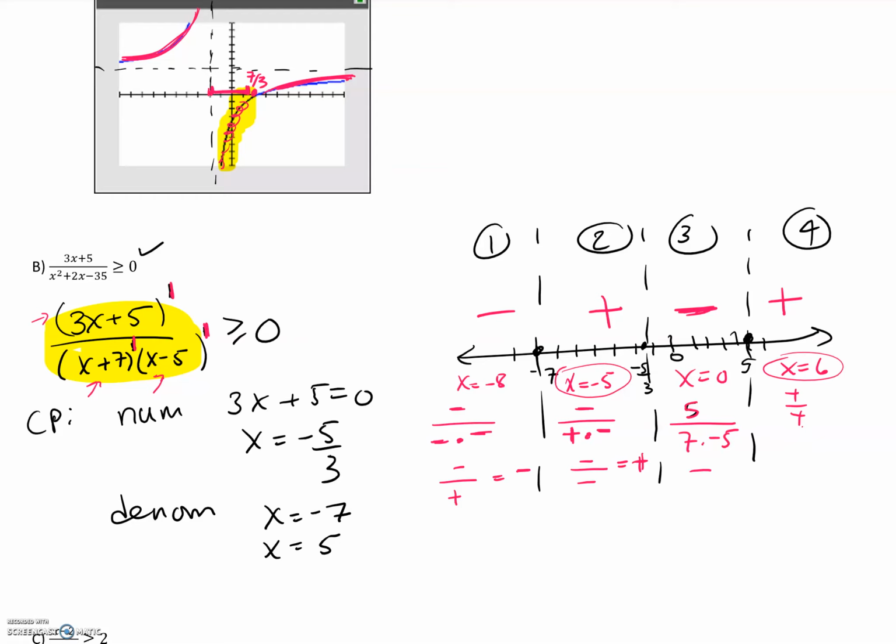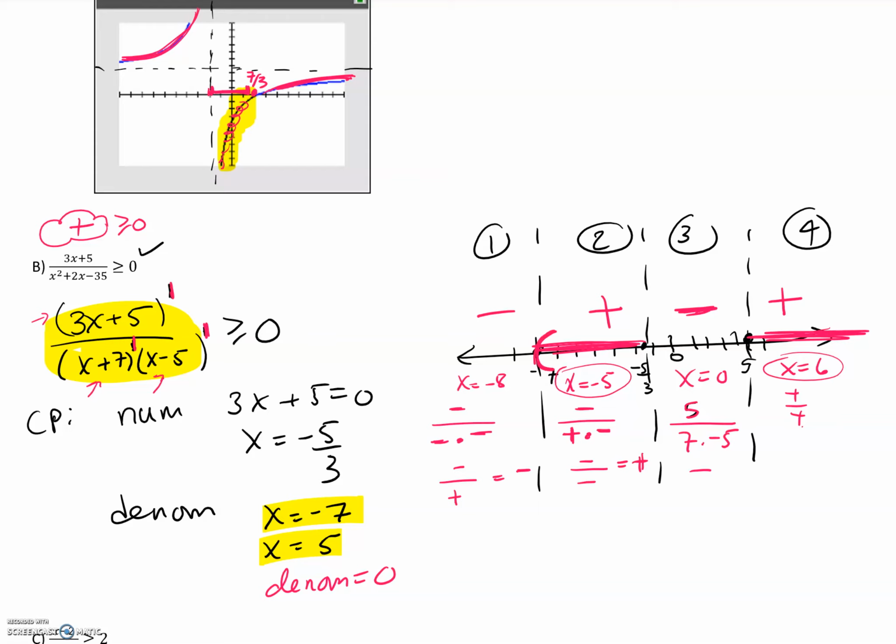Now the problem says, give me the stuff that's greater than or equal to 0. Therefore, making it positive. Positive stuff is greater than 0. So here and here are my solutions. And then I have to be careful about the stuff that comes from the denominator. I cannot include those because they'll make the denominator 0. So for those numbers, I'm going to leave it open.